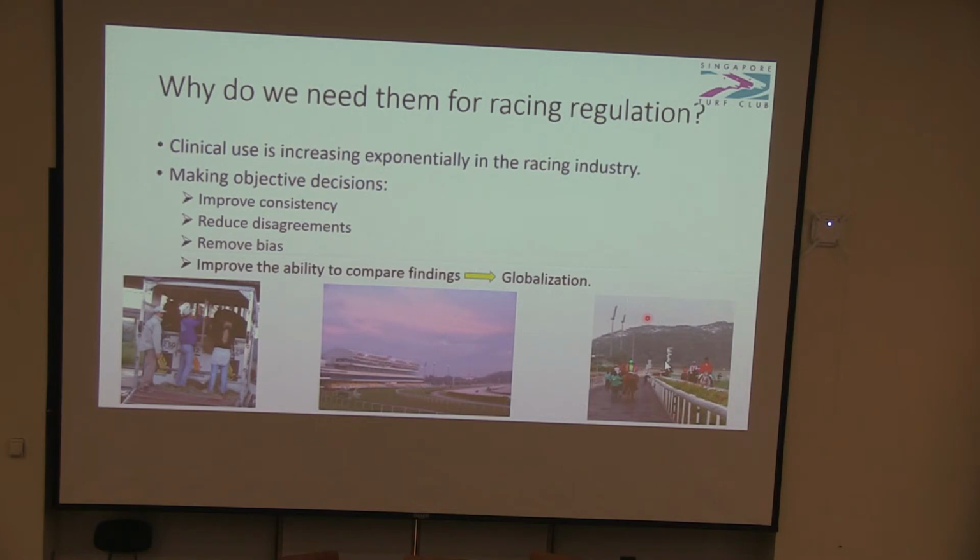I send it over there, you trot it up and wonder what we do here in Singapore because the horse looks lame to you. If we can have a measurable, objective measure of that lameness, we can share that information. We can see if the horse was the same as it was in Singapore, but also it will help us globally to become slightly more consistent.